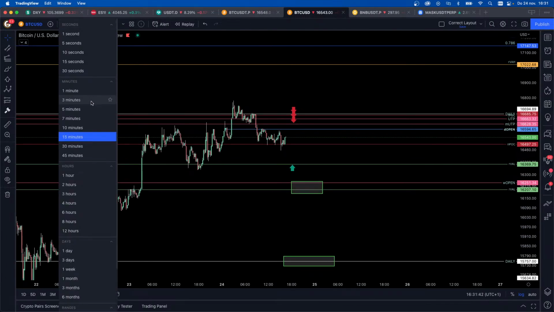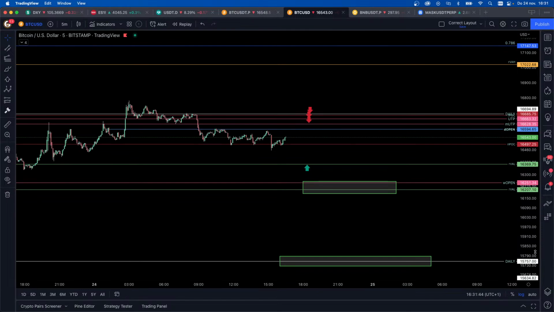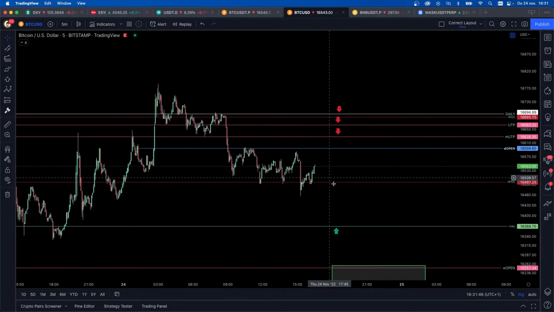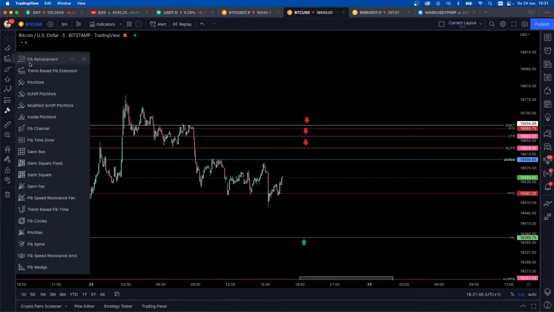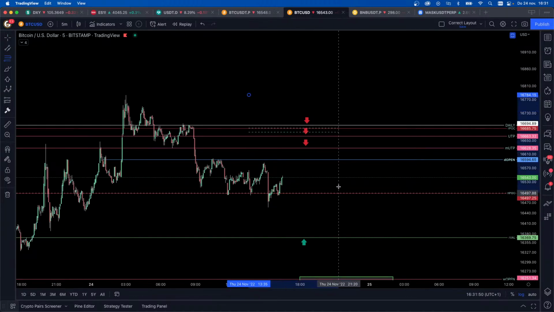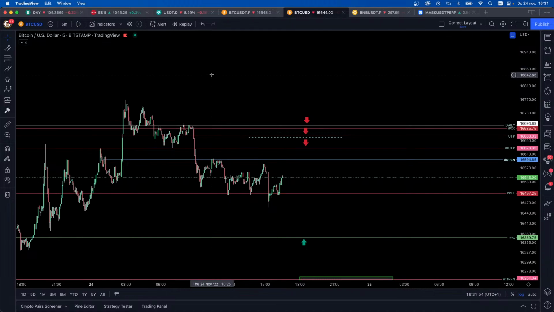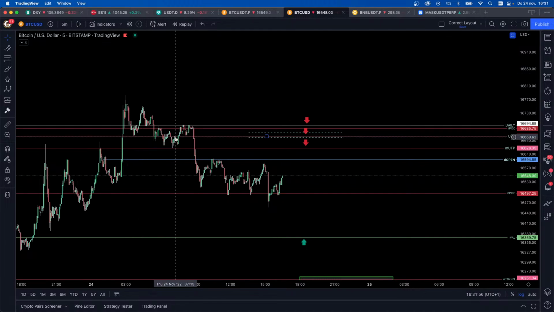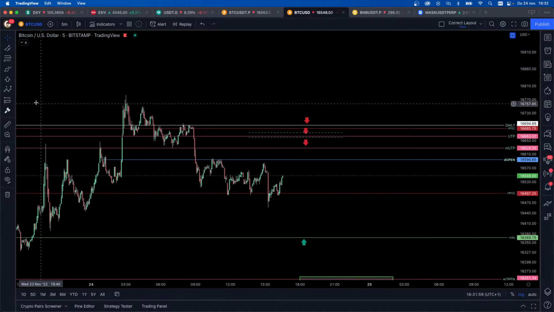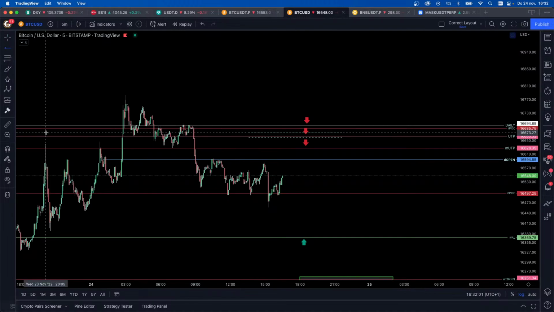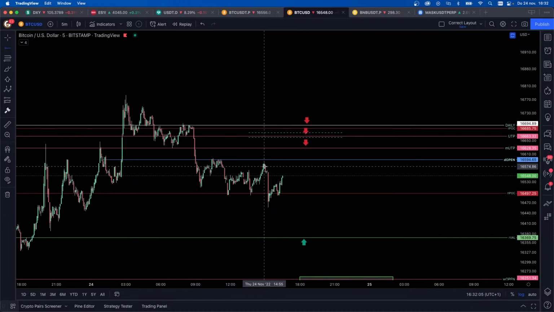I will just basically stay to what I see right now, which is very simple for me. Let me see where my short entry was. I took half of my profit already. 16,577, basically here.